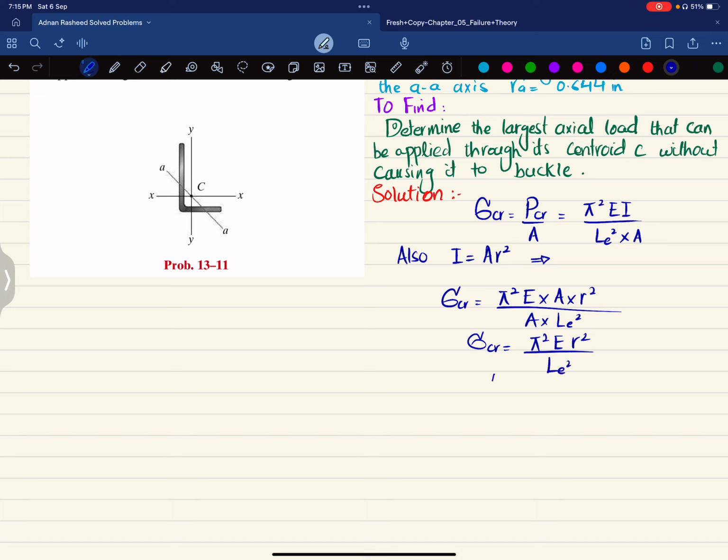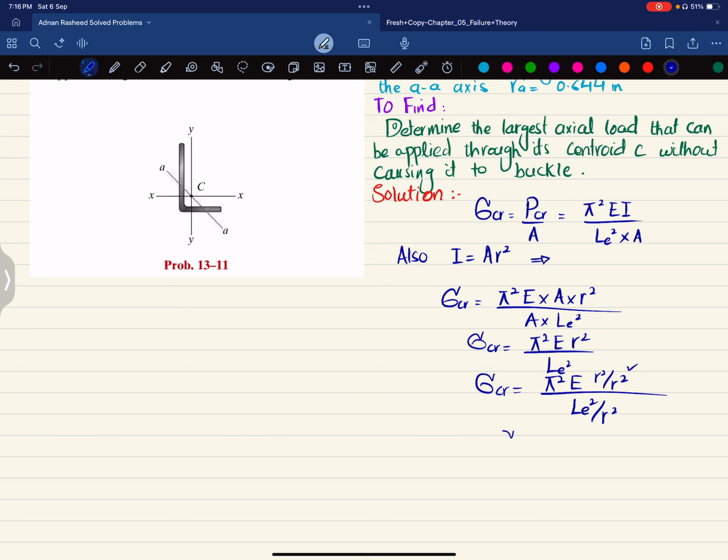Now if we divide numerator and denominator by R square, we get pi square E times R square over R square, divided by LE square over R square. The R square in the numerator will cancel.